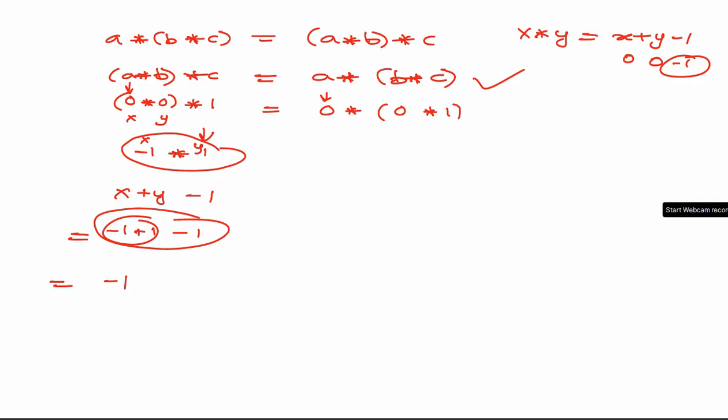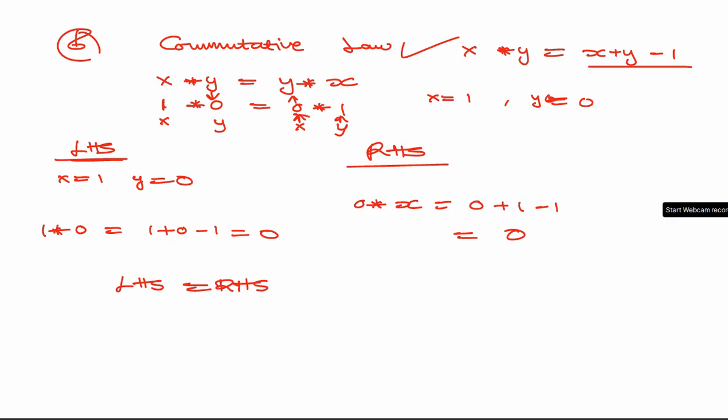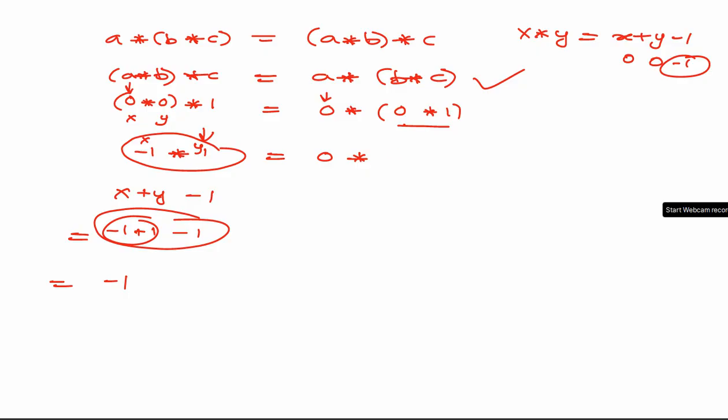So let's talk about this expression now. We have 0 outside. We start with what is in the brackets as usual. 0 star 1 is what we got from answering here. 0 star 1 was giving us 0. So let's now do 0 star 0. This will become our x value and this is our y value.